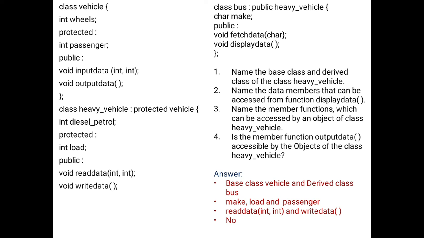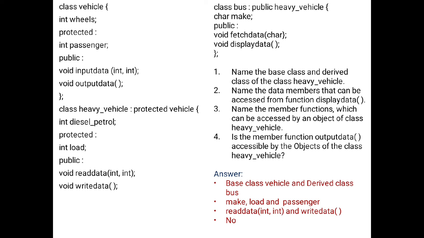And at the same time, it can also access the protected data member, that is passenger, since passenger is protected and the class heavy vehicle has access to it as protected. So that's why passenger, load and make can be accessed by the member function display data.